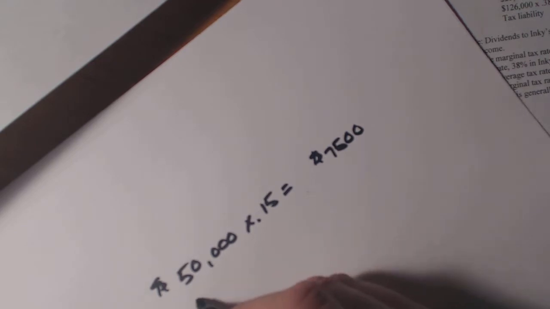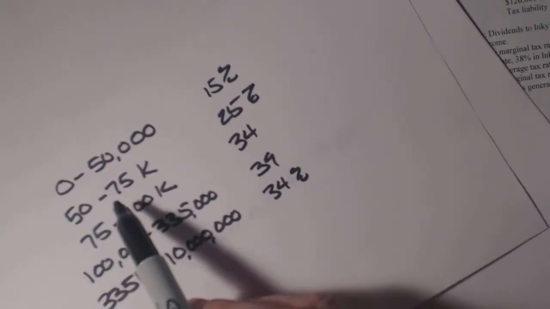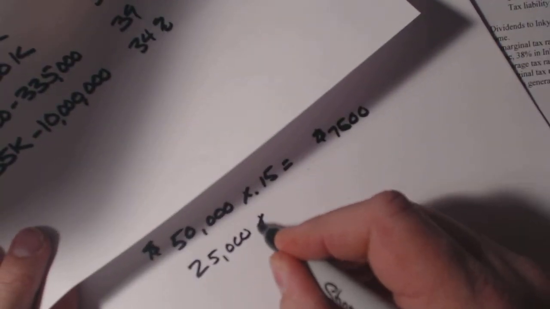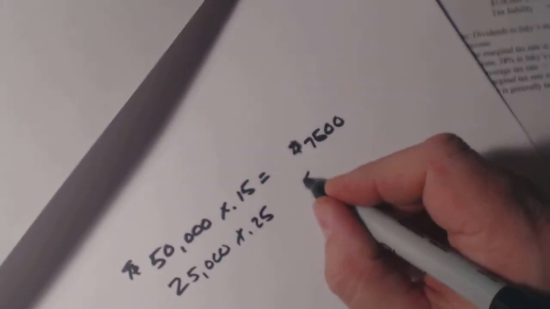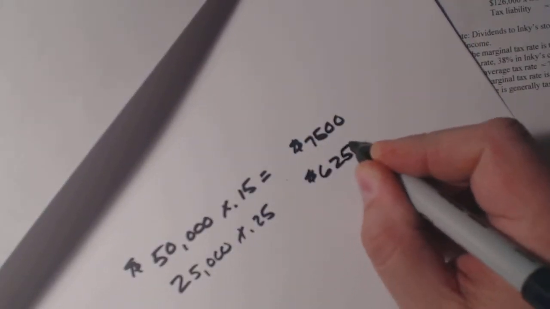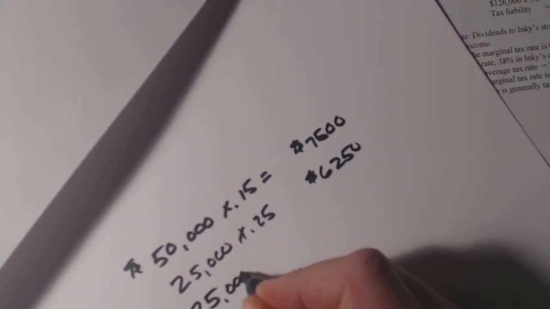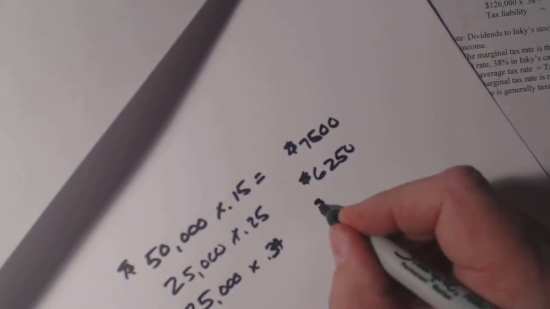Then the next level is only a $25,000 level right here, and you're going to pay 25 cents on every dollar in that category, or $6,250. Then the next level again is only 25,000, and you are going to pay 34 cents on every dollar in that category.